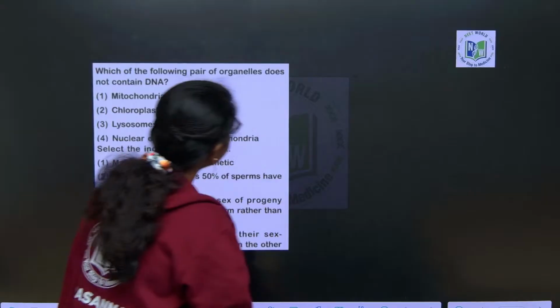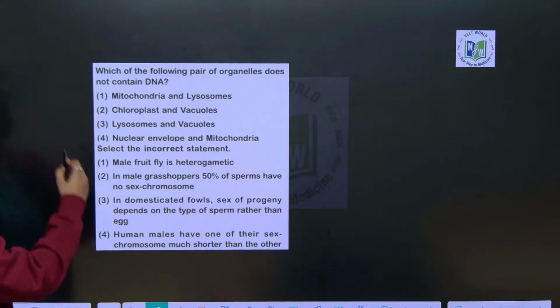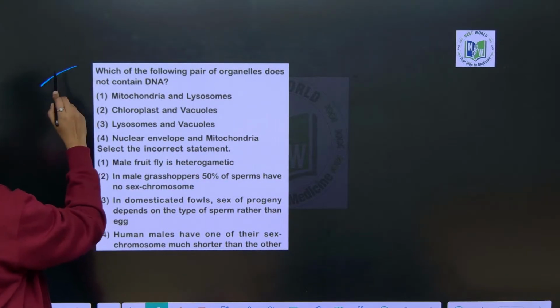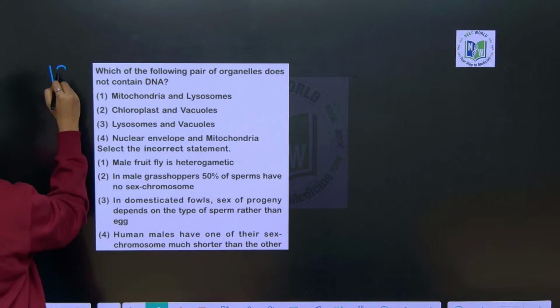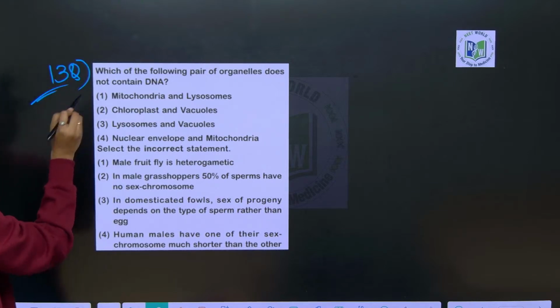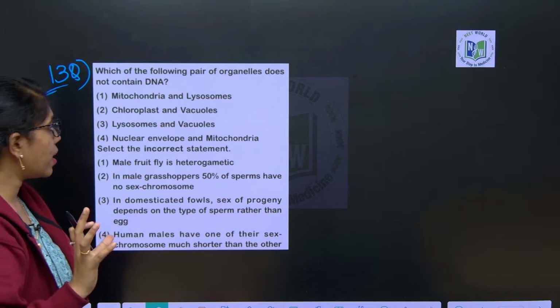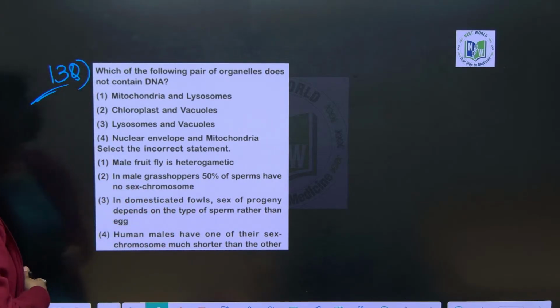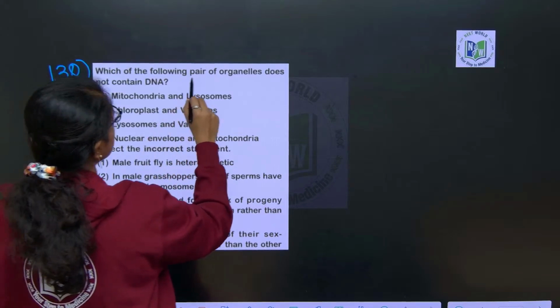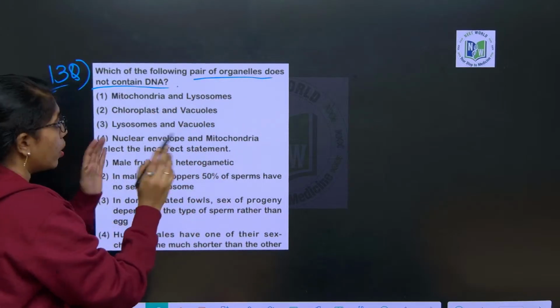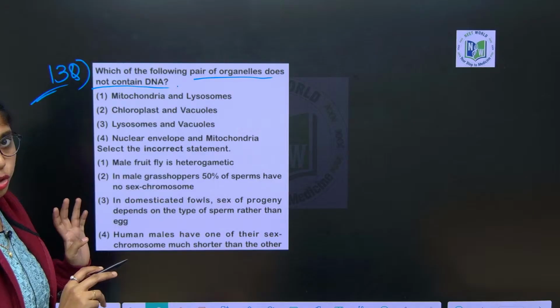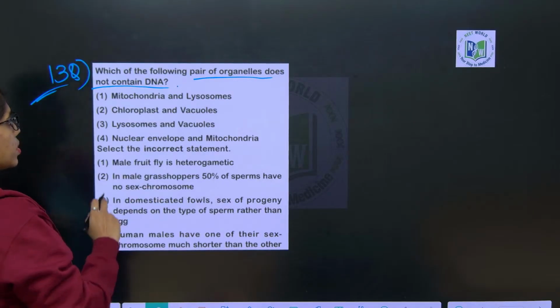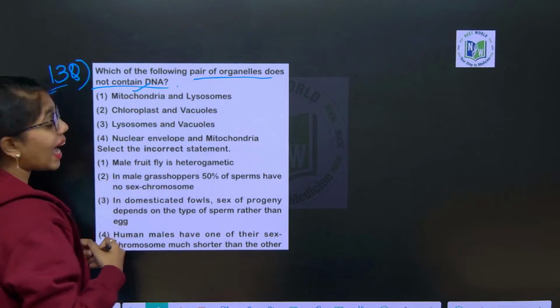Next, this question is again from Cell the Unit of Life. That is why I always say Cell the Unit of Life, cell cycle, cell division are more important, and plant physiology, which covers more number of questions. Which of the following pair of organelles does not contain any DNA? Both organelles in the pair should not contain DNA. Here, mitochondria has its own DNA.